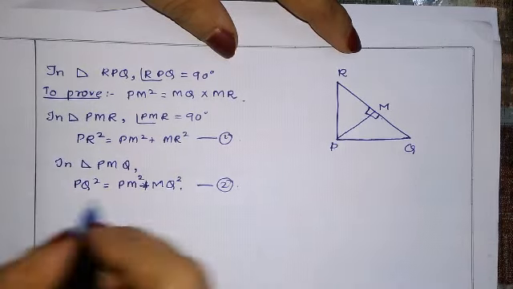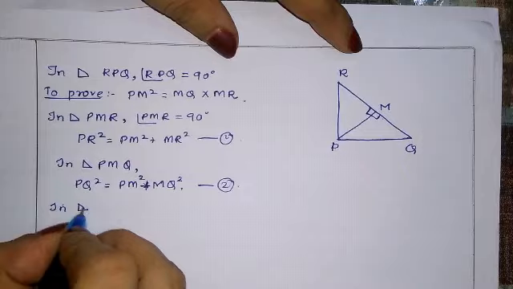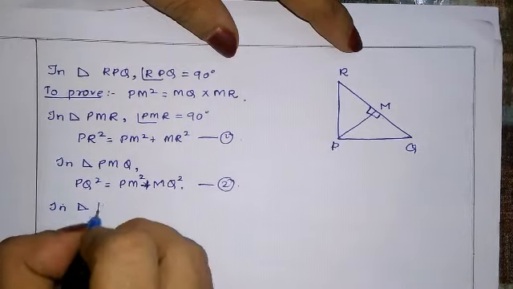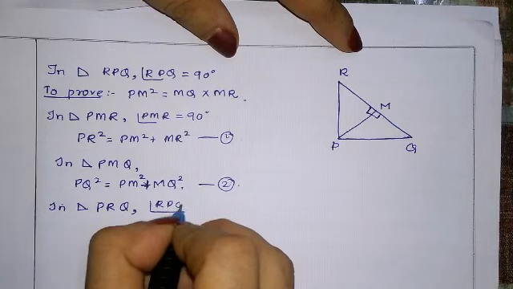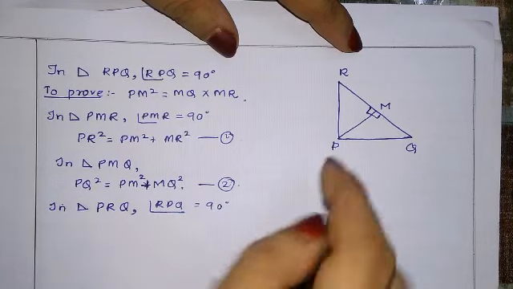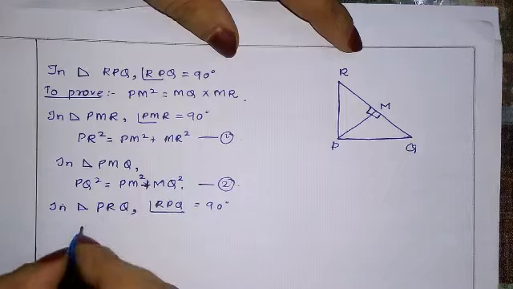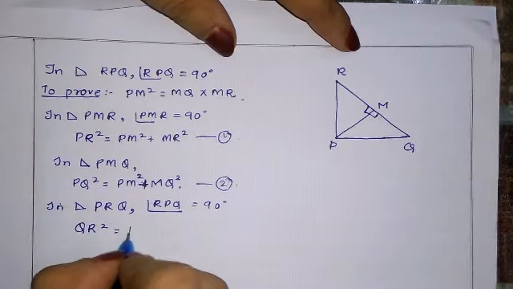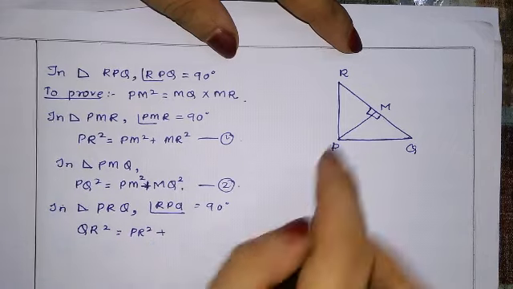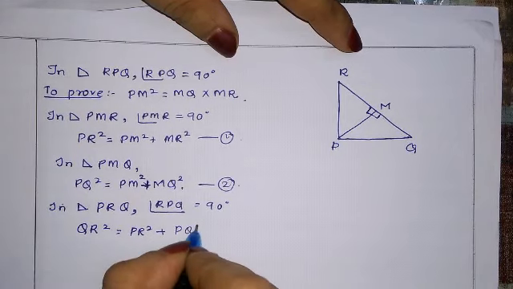And now in the big triangle, in triangle RPQ, the angle is 90 degrees. Big triangle: QR square is equal to PR square plus PQ square.